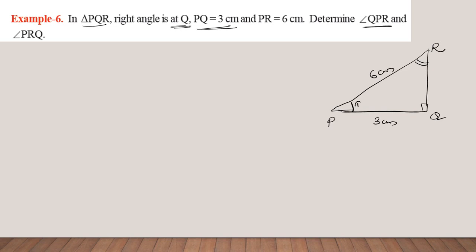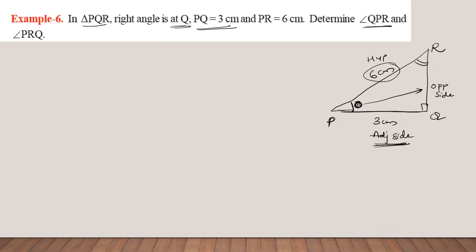So let this angle be the first angle. Okay, so with respect to this angle, this is my opposite side, right? This is my hypotenuse. So this is always hypotenuse, and this is my adjacent side. So with respect to this particular angle P, this side is adjacent side, right?